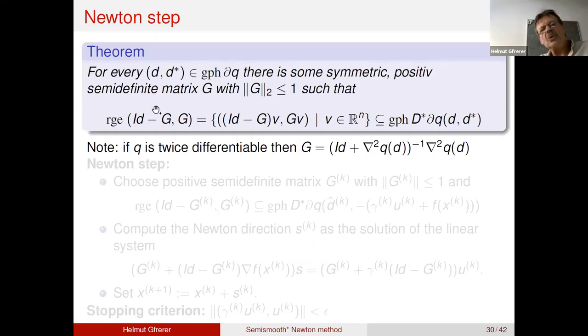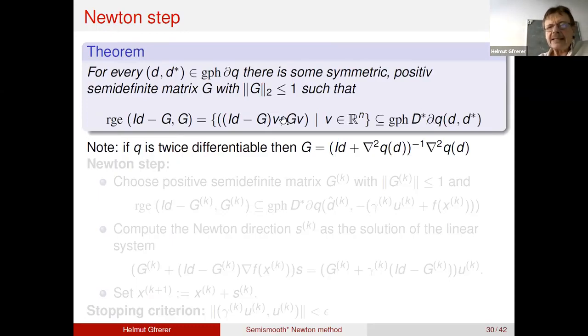How does the Newton step look like? Here we use the following result. We have to compute the coderivative of the subdifferential mapping. We are interested in particular in subspaces of dimension n contained in the graph of the coderivative of the subdifferential mapping.